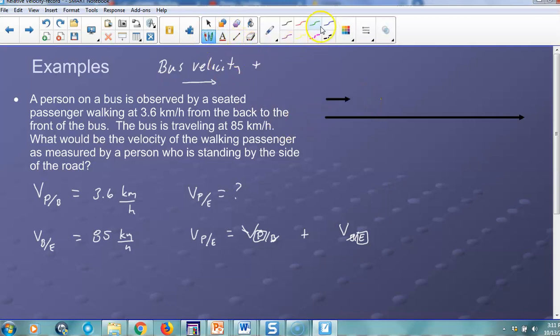And let's put this in as velocity of person to bus, and this is 3.6 kilometers per hour. And this is velocity of bus to earth, which is 85 kilometers per hour.